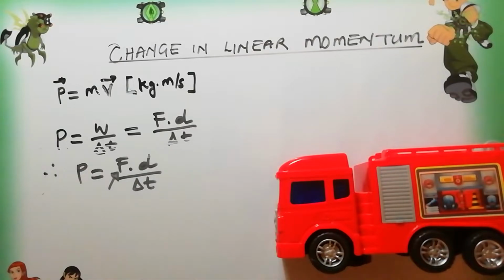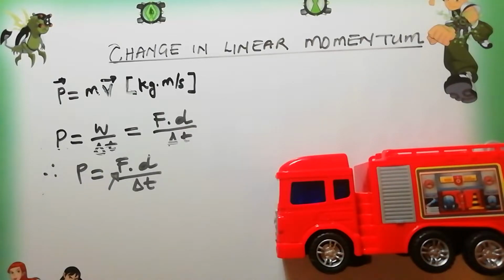Okay, so now let's see here. This truck is in a stationary position. So it will only move from one place to another if the engine applies force, or if we push this truck from point A to point B. That's what Newton's first law means.